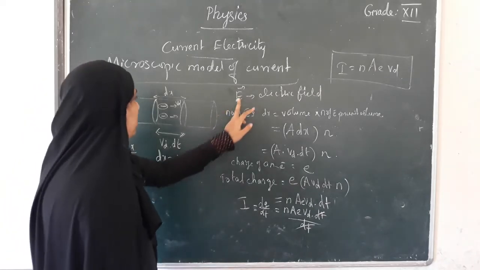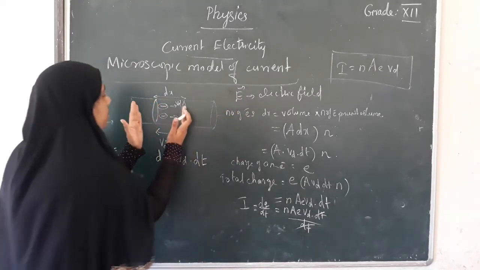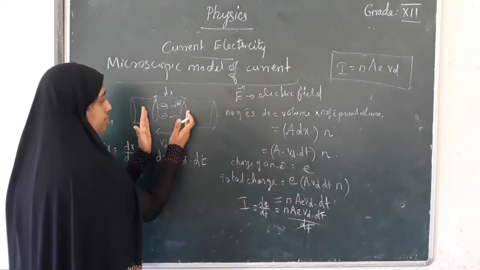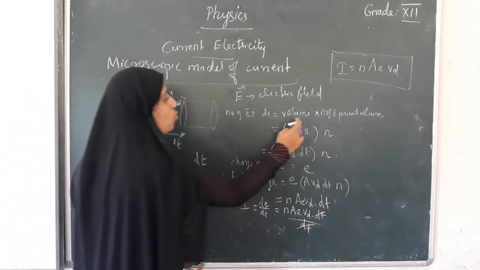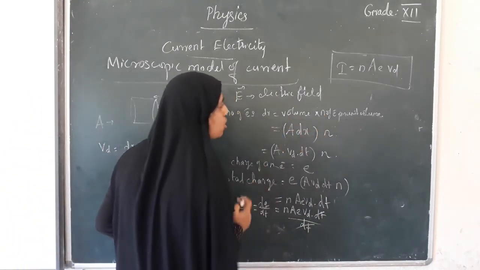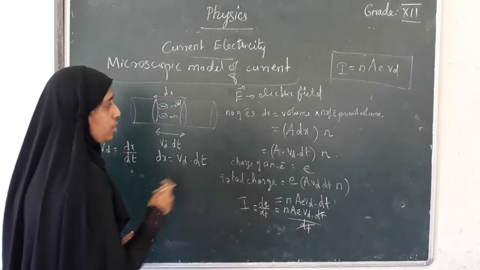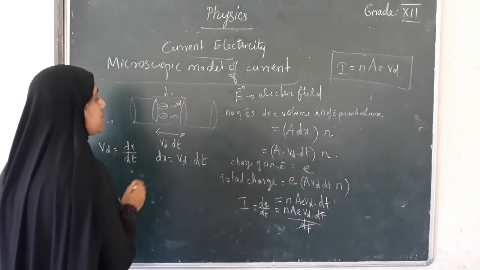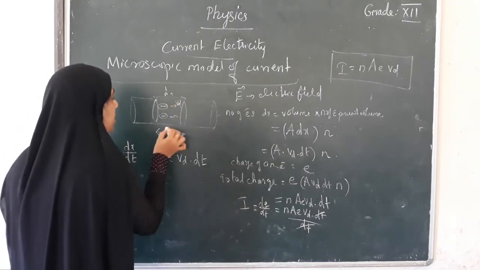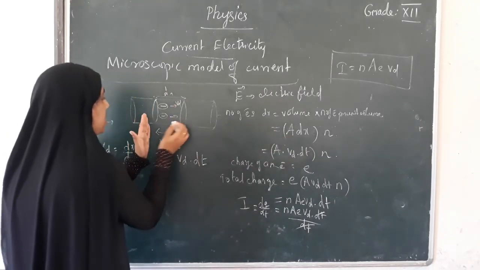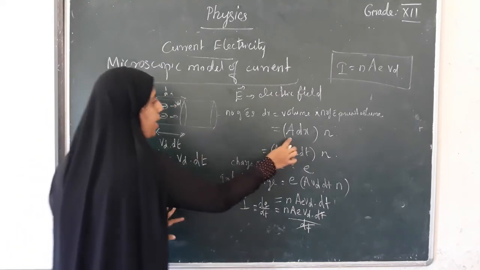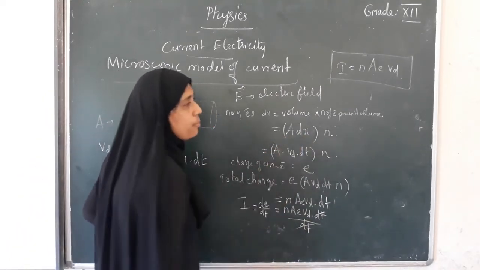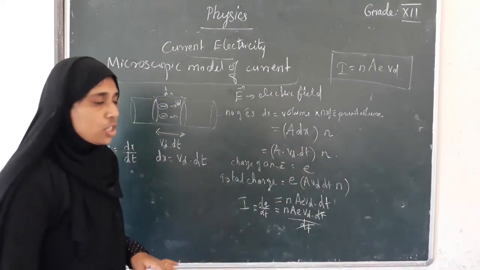Now, the number of electrons available in this volume element is equal to volume into the number of electrons per unit volume. So, what is the volume? Area into height. Here the area of cross section is A, height is dx. So, A into dx into n, where n is the number of electrons per unit volume.